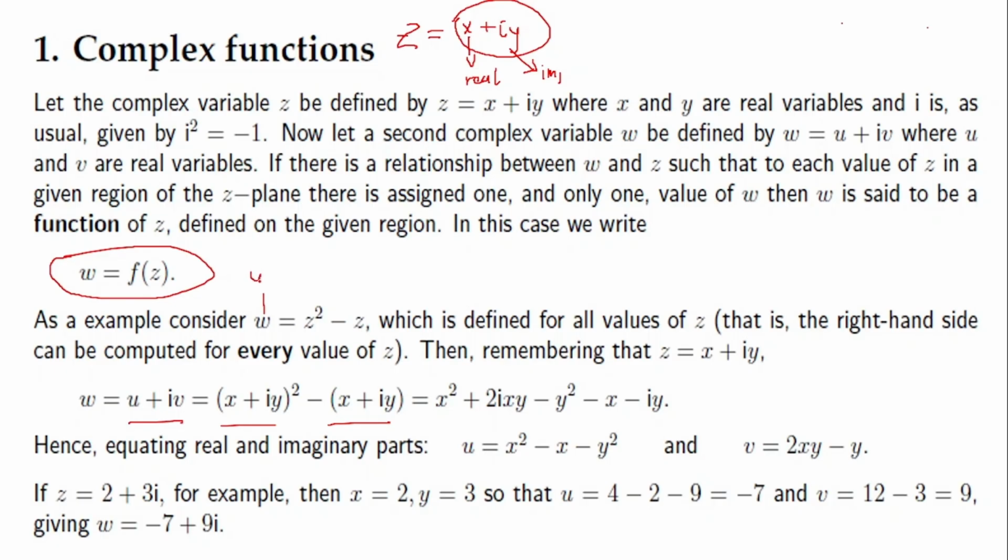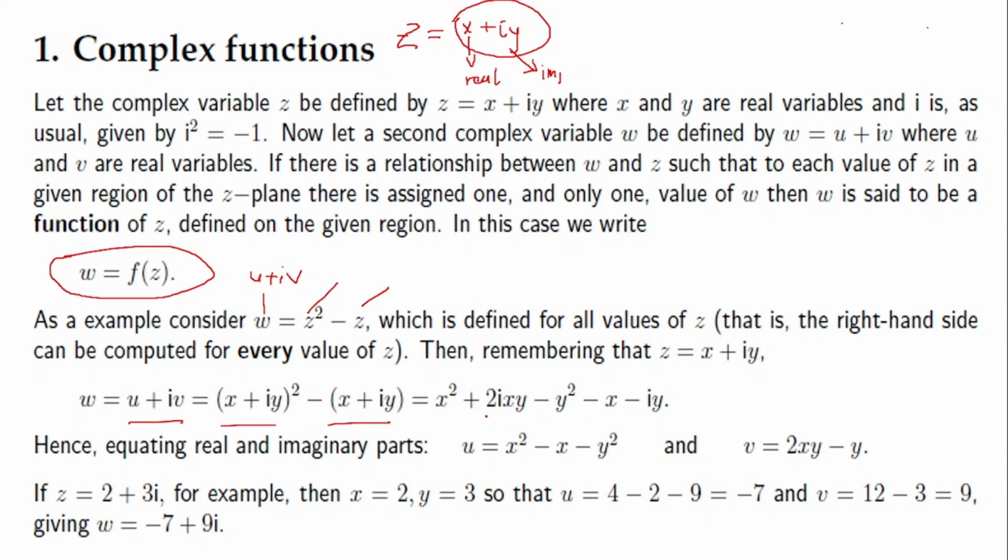U plus IV. And in this case too, we replace Z. Everywhere you see Z, you put X plus IY. You put it here, you put it here. When you open this bracket and this bracket, you're going to get this.